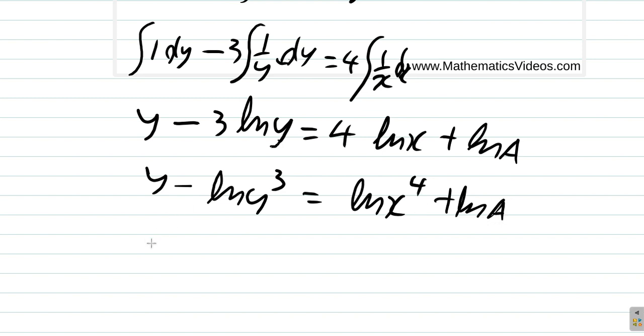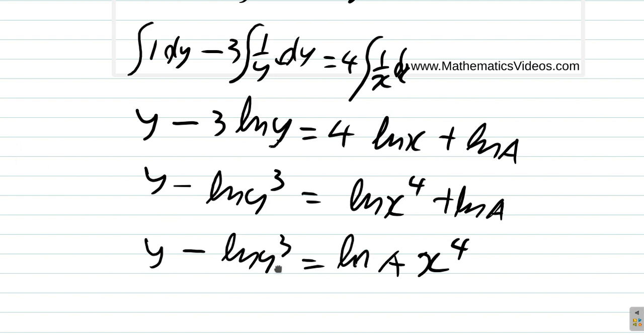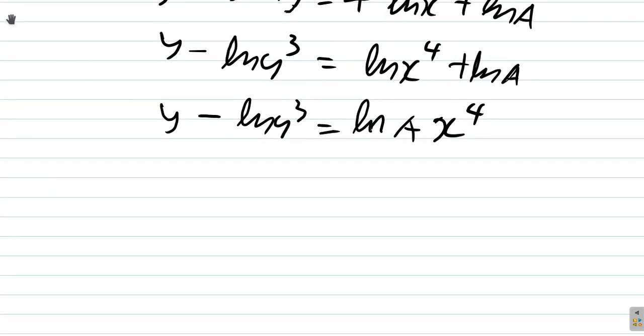So let's write it like that. y minus ln y cube equal ln a x to the fourth, right? So that's what we have. Now you got the solution already, you know. It's just that I want it to be in a more concise manner.